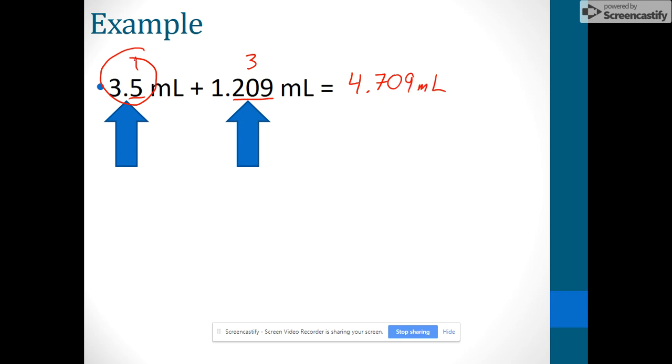We can only have one number after the decimal, so we're going to round this to 4.7. I don't know why that line keeps showing up. 4.7 milliliters.